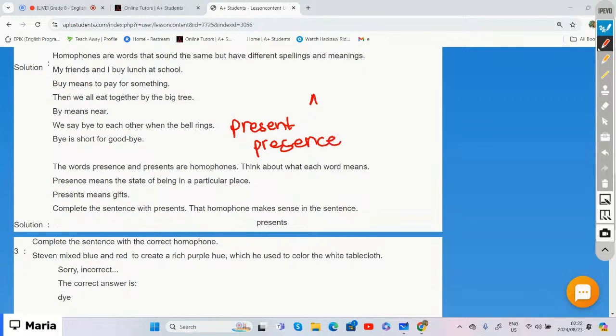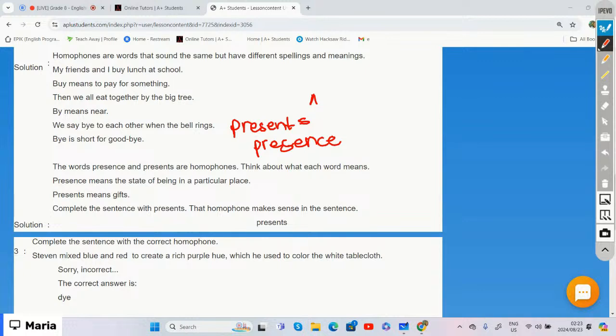So that is presence and present or presents, like gifts. Presents, right? And if we look at both of those homophones, these are homophones because they sound the same. But if you look at the words, the spellings are different and the meanings are also different.